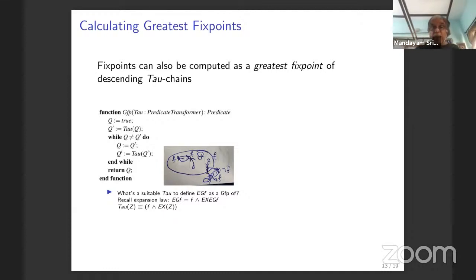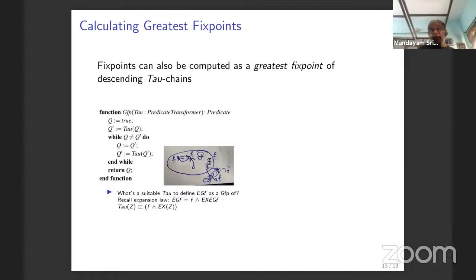And the kinds of states that do not belong to EG of f are those that do not have even a single successor into such a strongly connected component, like these states. You can look at this state.